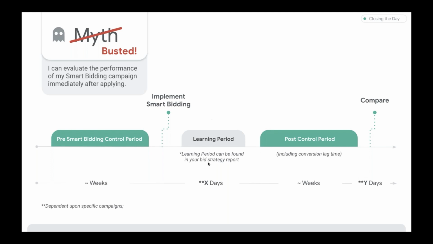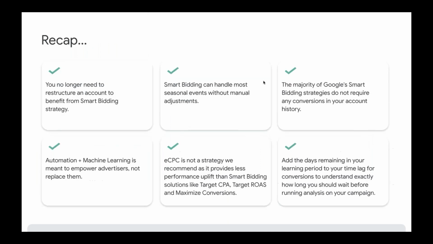Say, for example, you have 2 weeks of learning period, then weeks 3, 4, and 5 are the ones you compare to the 3 weeks before implementation. In addition to that, if you have a conversion lag of, say, 7 days, then you need to add an extra week and make sure all conversions came through, and then compare that to before implementation. So that's the proper, statistically speaking, way to fairly evaluate the performance of smart bidding.